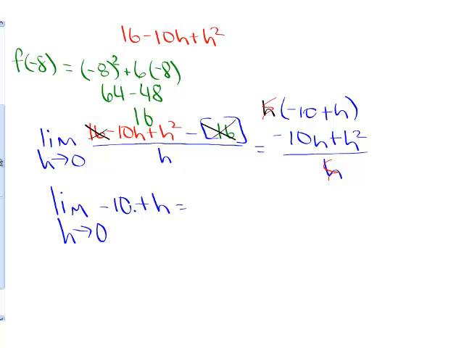Can I put 0 in for h now? And when I do that, do I get a safe number? So what is my slope on this guy? Negative 10.